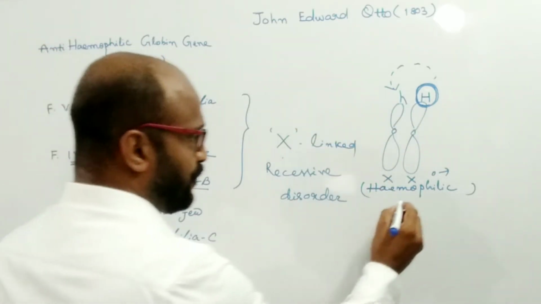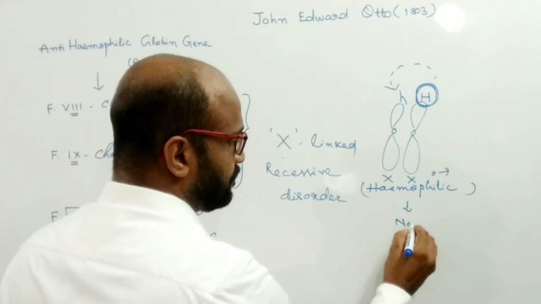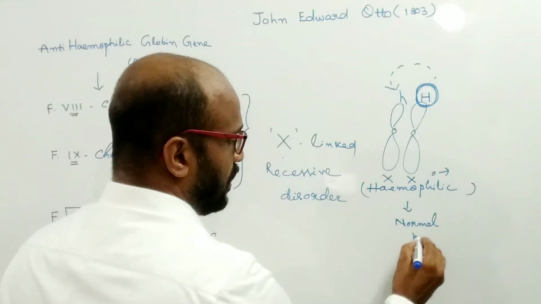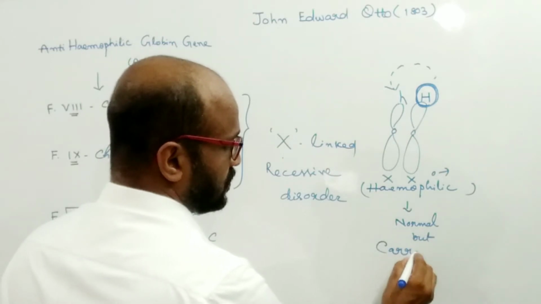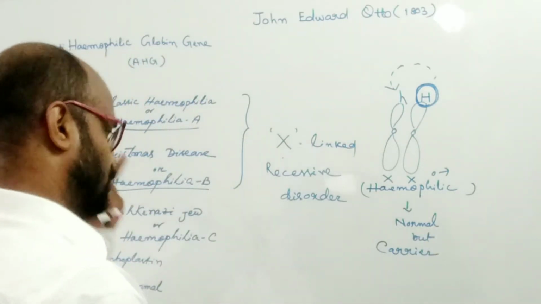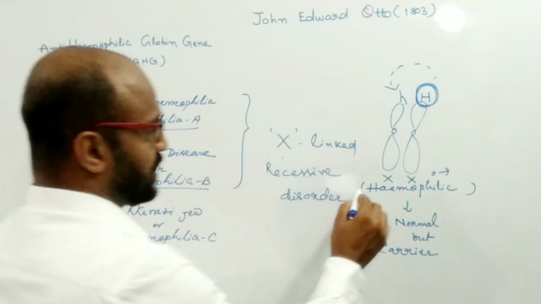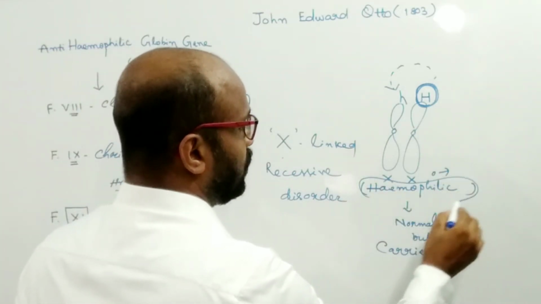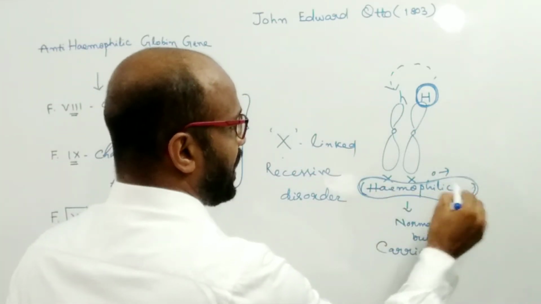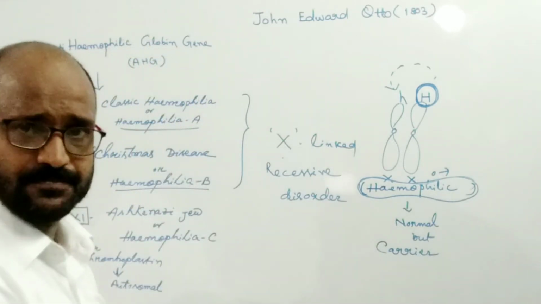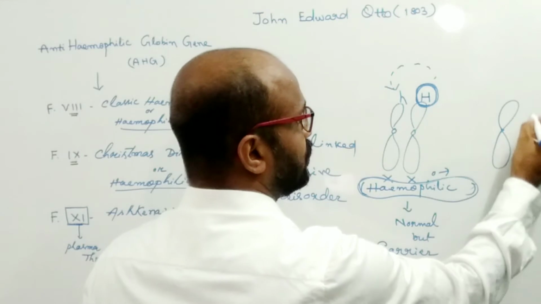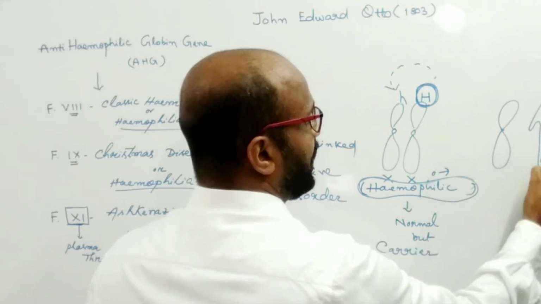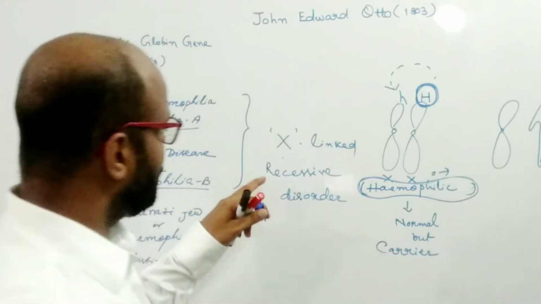That's why the female will be normal but a hemophilic carrier. The hemophilic female is very rare in humans. But in the male, there is one X chromosome and another Y chromosome. This is a recessive disorder.